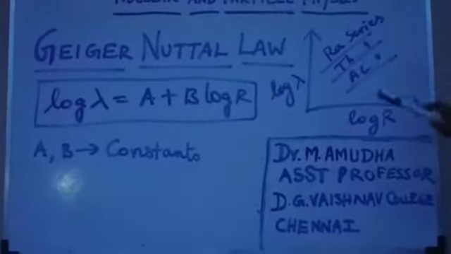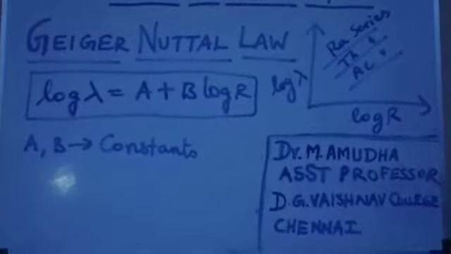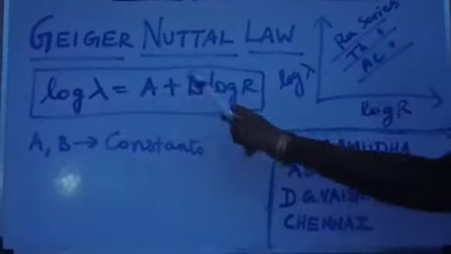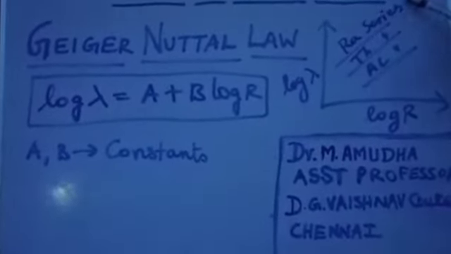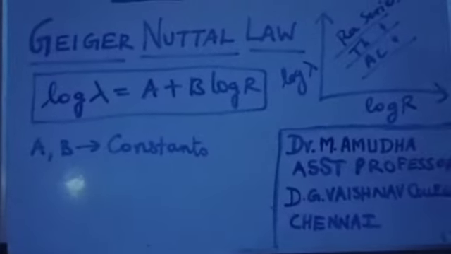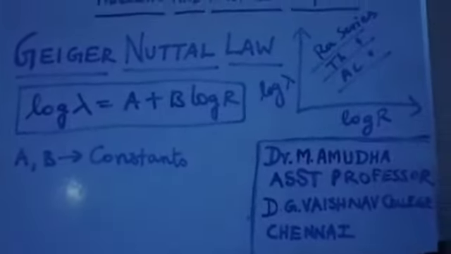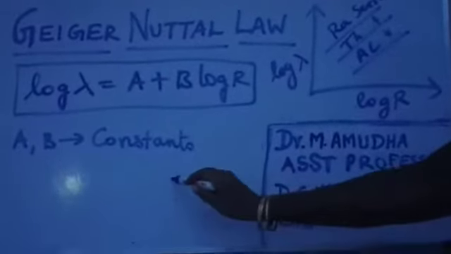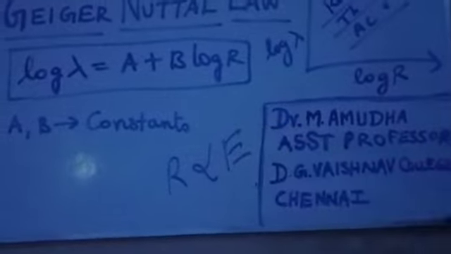Those lines are found to be parallel to one another, and it is very clear that the lambda value is directly proportional to R. A radioactive element having a large decay constant has a long range, and the range is directly proportional to the energy of the alpha particles.